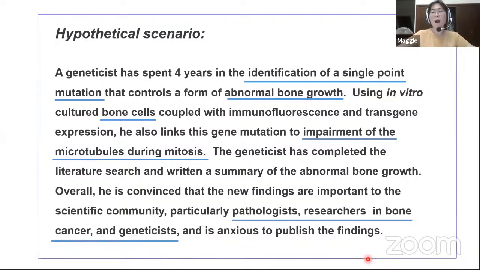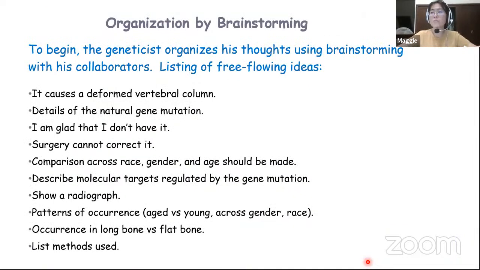So if you are this geneticist and you already have this information, and you want to write this article, how do you organize all this information? The first one is the brainstorming method. To begin, the geneticist organizes his thoughts using brainstorming with his collaborators. As I mentioned, brainstorming means listing all the free-flowing ideas, right?